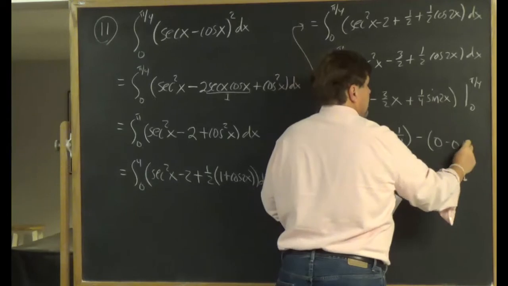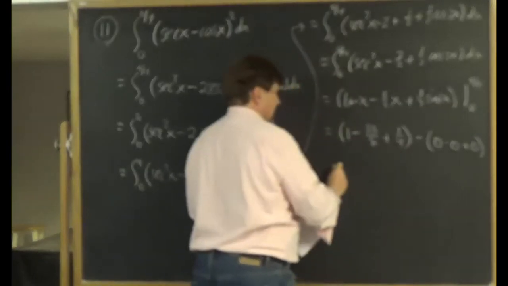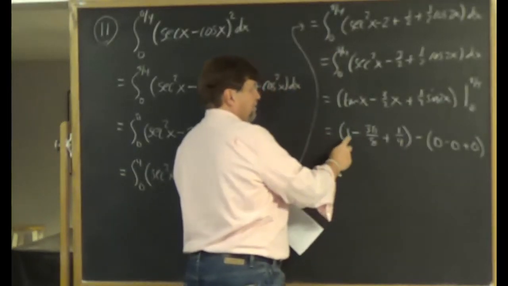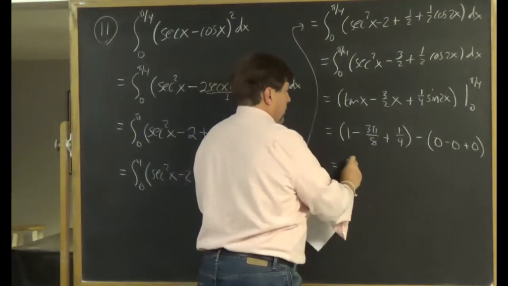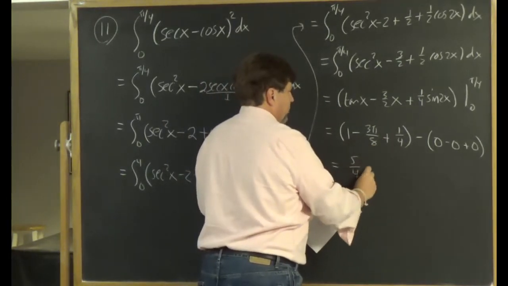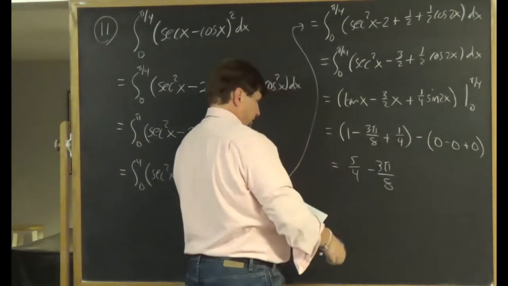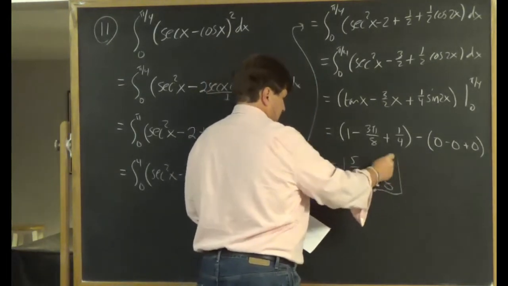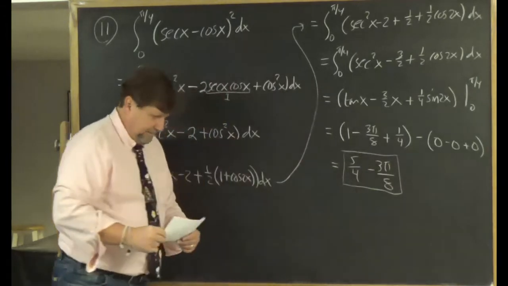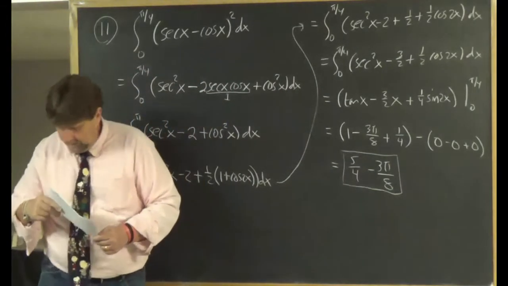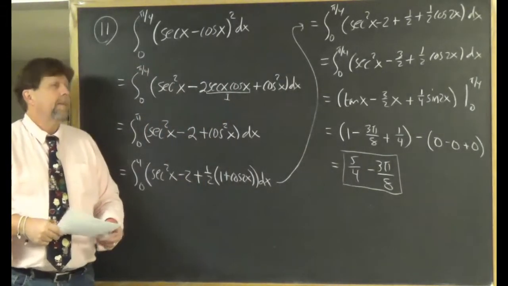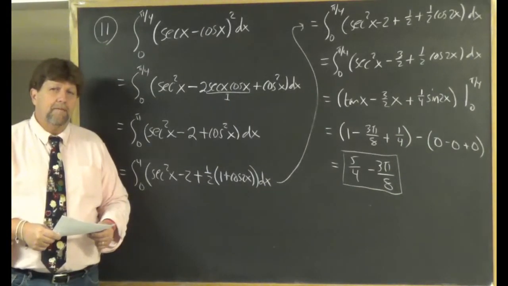Sine of 0 is 0. Oh, that's kind of nice. So it looks like we have 1 plus 1/4. So that's 5/4 minus 3 pi over 8. And I'll just leave it as that. So hopefully you got that for number 11.